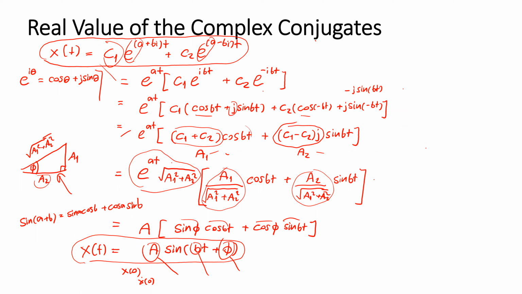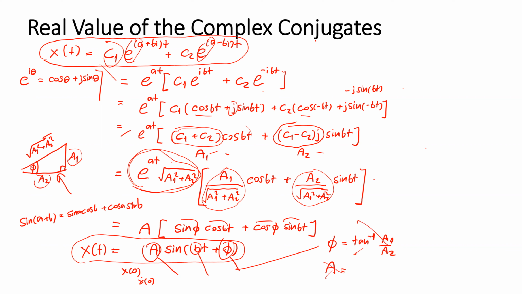But before we move from this slide, the angle phi here is equal to the arctan of A1 per A2. And the A here is this complicated term, but we don't need to know this.